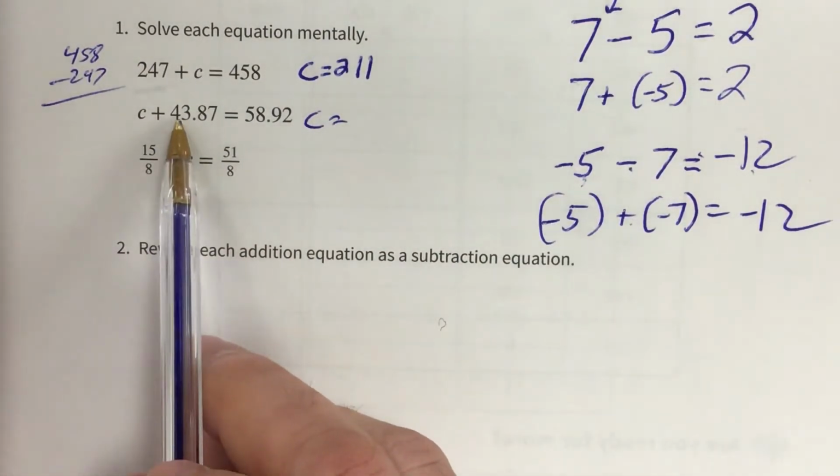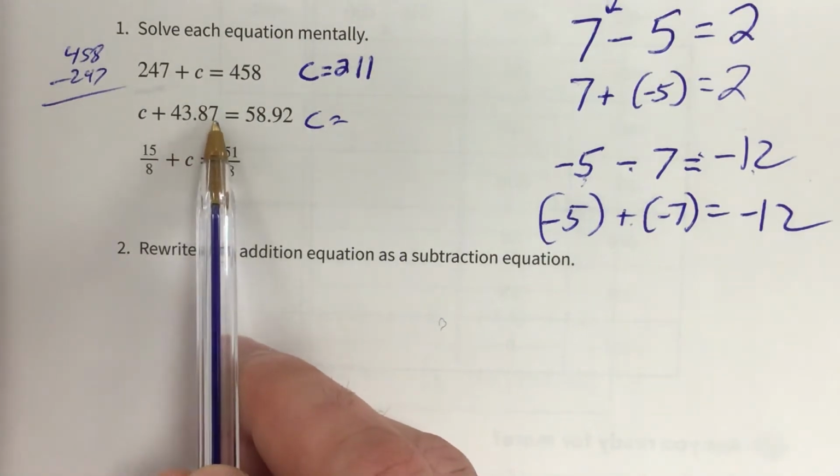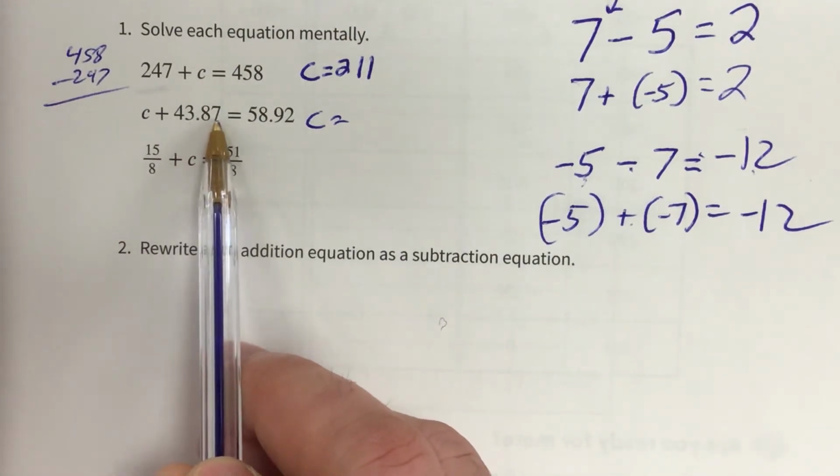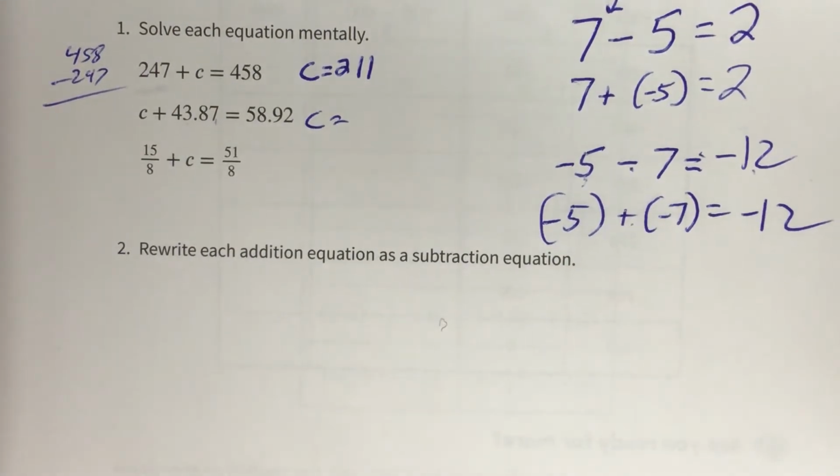Next one. Again, it's asking us to see if we can get it mentally. So I need to get this to a 5. I need to get this to an 8. I needed to get this to a 9. I need to get this to a 2. What do you think on that one? Georgia, you got a guess?